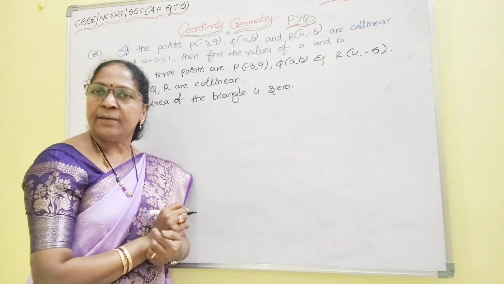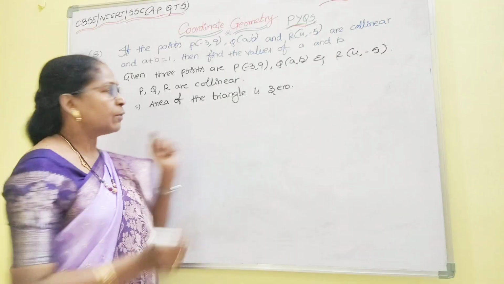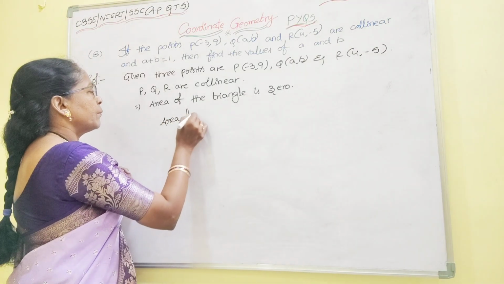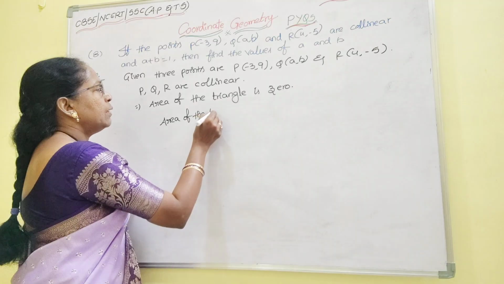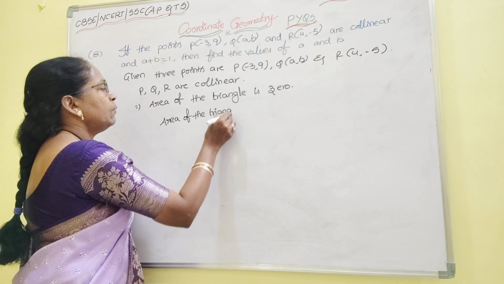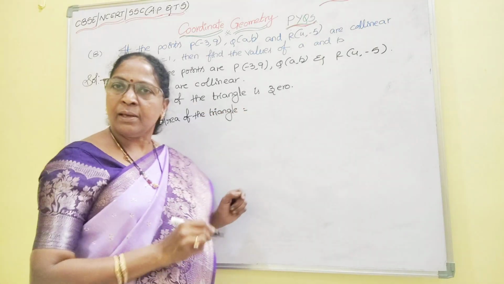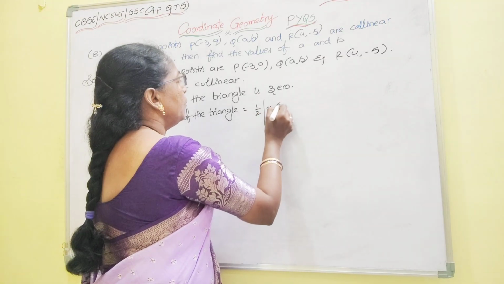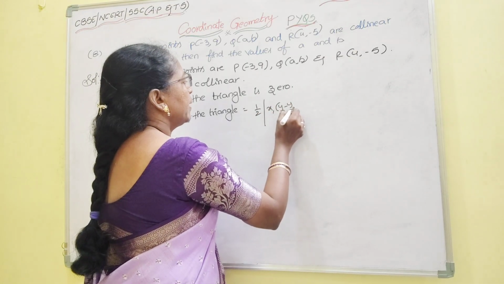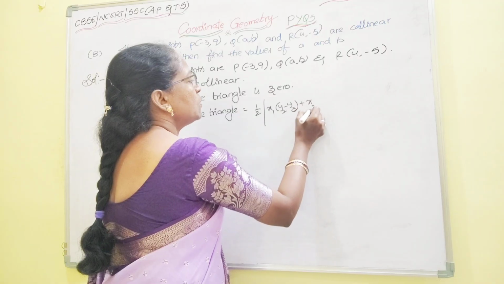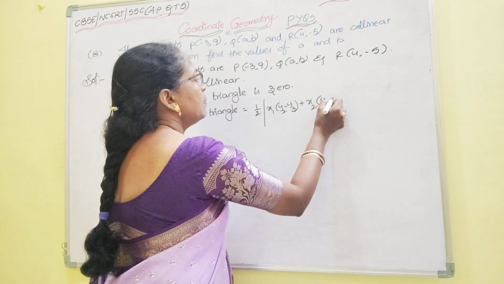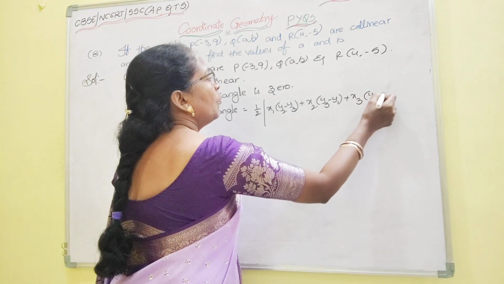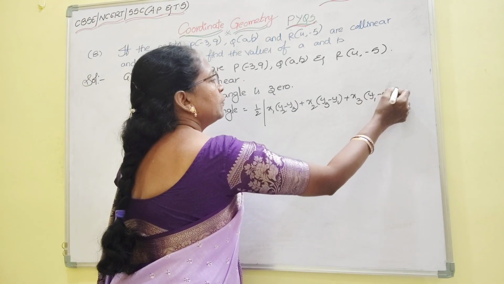So we have to write down the area of the triangle formula. Area of the triangle equal to half modulus x1 into y2 minus y3 plus x2 into y3 minus y1 plus x3 into y1 minus y2.